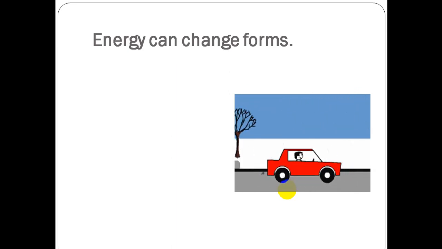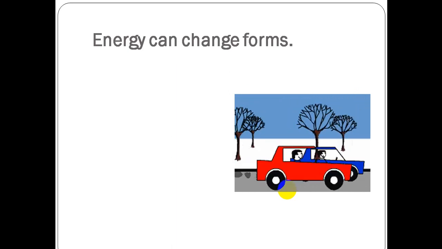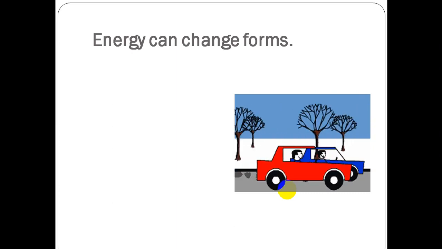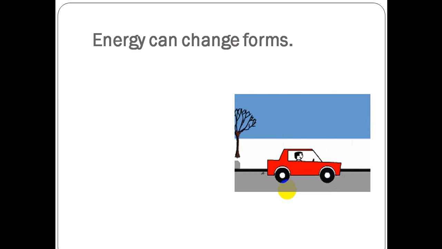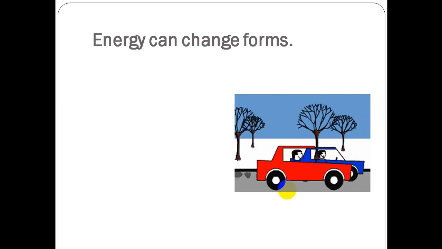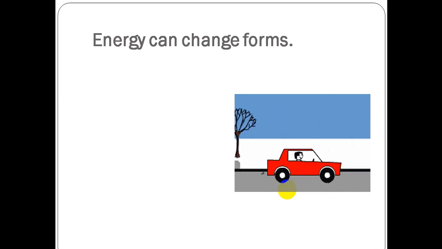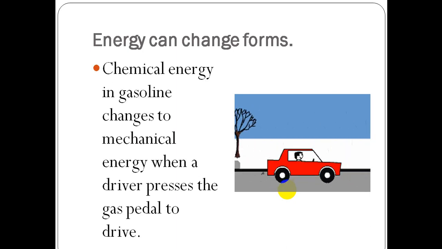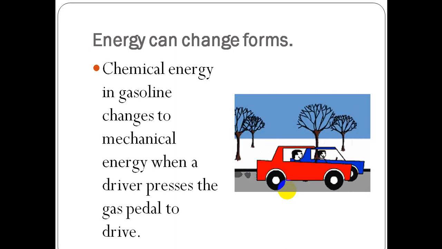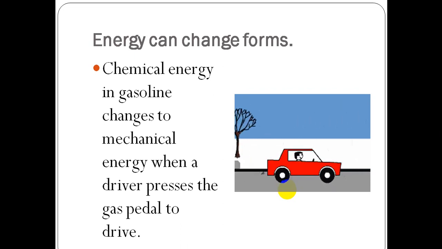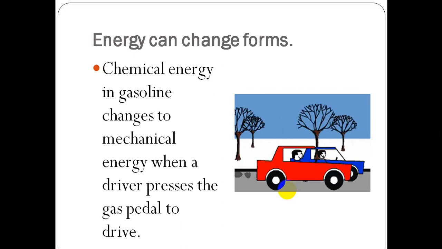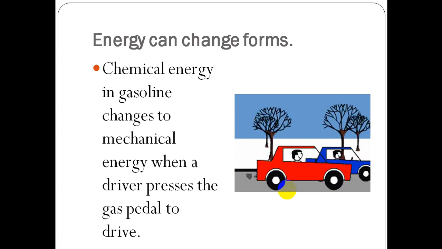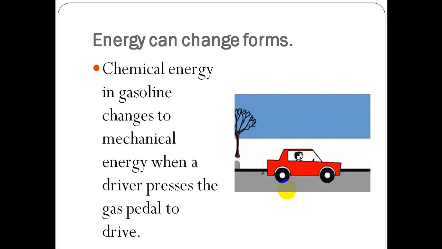Do you remember this? When the car is moving, the energy of motion is called kinetic energy. And when the car stops, the energy of position is called potential energy. And the total sum of both of them is called mechanical energy. Chemical energy in gasoline, which is inside the car engine, changes to mechanical energy when the driver presses the gas pedal to drive.